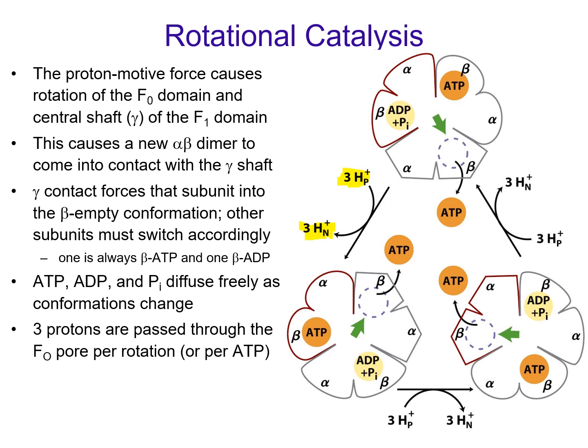And as we have this rotational shift, because we have an influx of protons, that's going to cause the ADP and the Pi to come into contact with each other in such a way that they form an ATP.